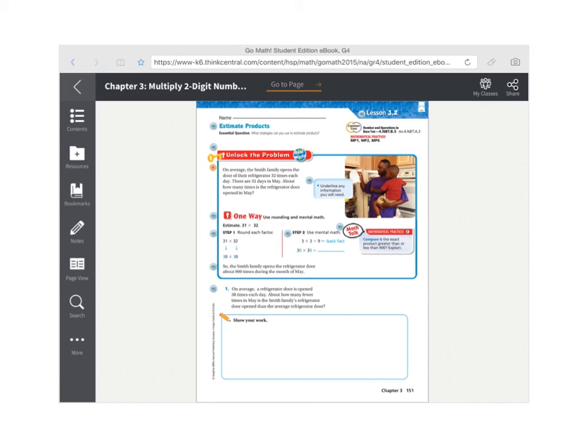So 1200 minus 900. 0 minus 0 is 0. 0 minus 0 is 0. And then we can do 12 minus 9 is 3. So how many fewer times in May? The answer is 300 times fewer in May.